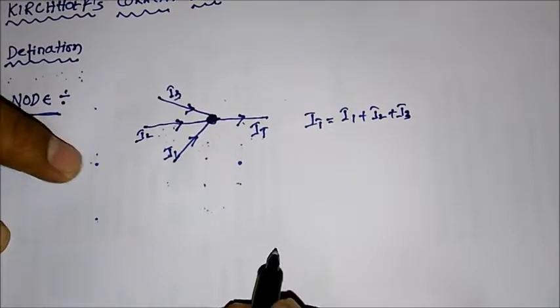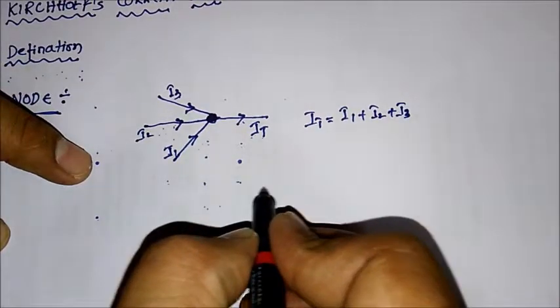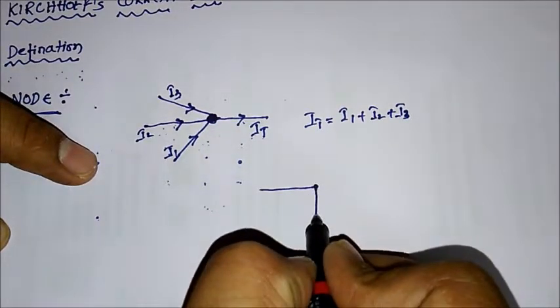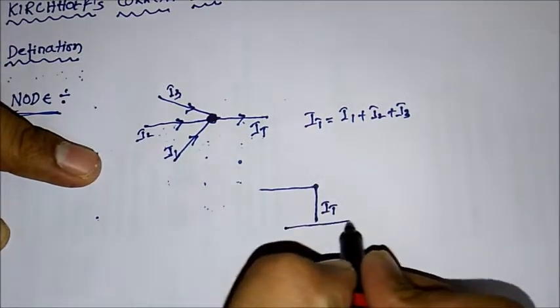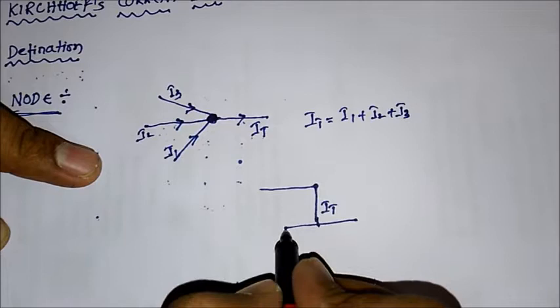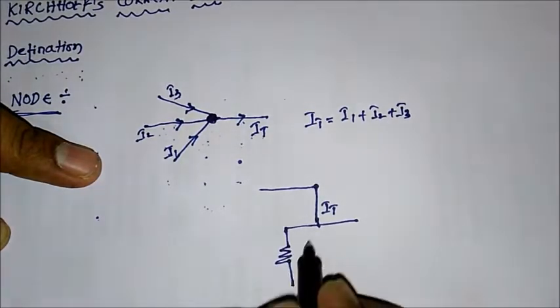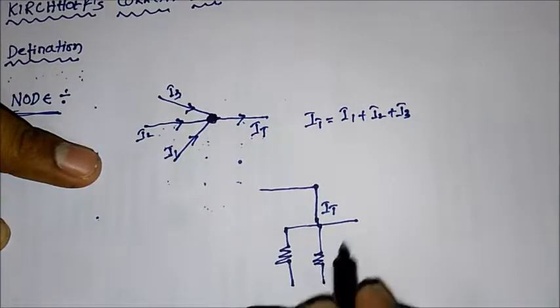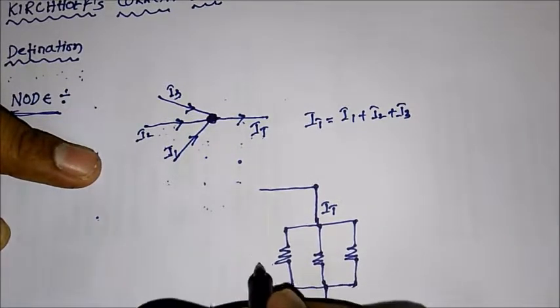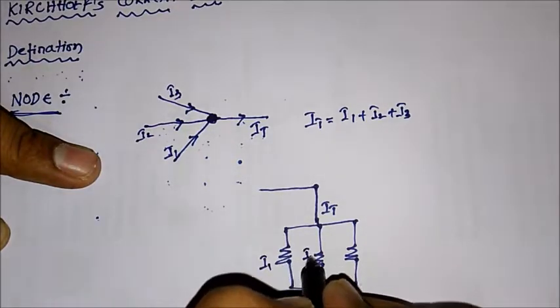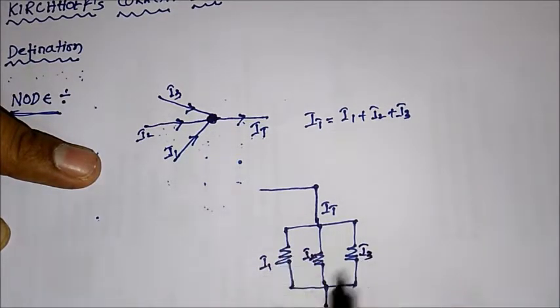Now we'll see it with a small circuit. I am taking a current IT which is entering a parallel resistor combination circuit, with branch currents I1, I2 and I3.